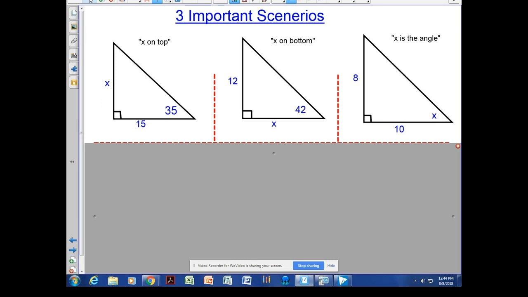Okay, once you're able to set up a problem, there really are 3 different scenarios that you need to practice. So before we continue, why don't you press pause on your video and see if you can set up each of these problems.